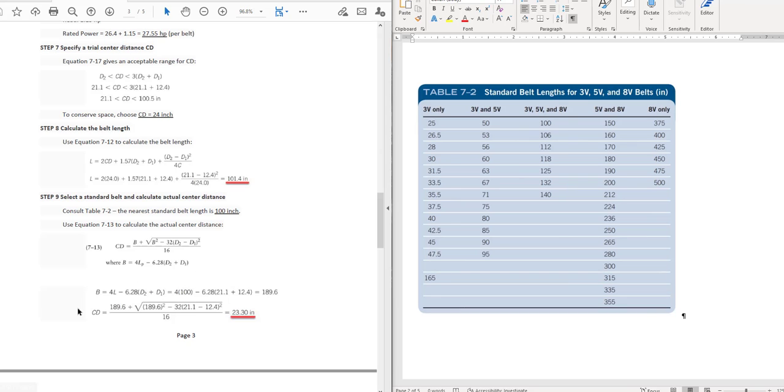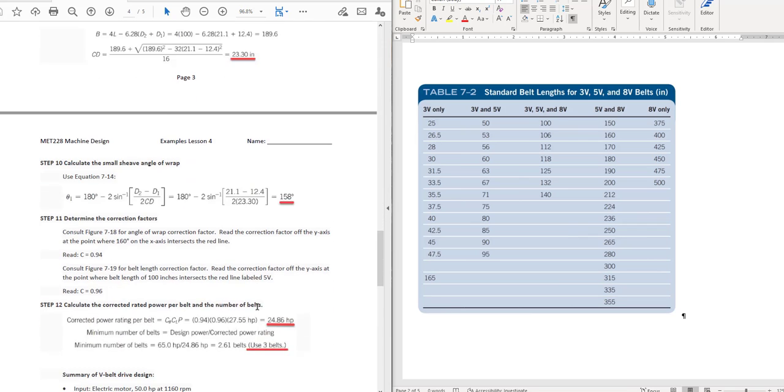When we solve these two equations for CD, we get an actual center distance of 23.3. It just kind of makes sense. We chose 24, but our calculated belt length was not available, so we had to go a little bit smaller with 100 inches. Therefore, our actual center distance is going to be 23.3 inches.